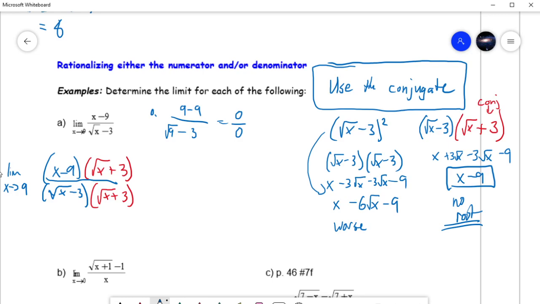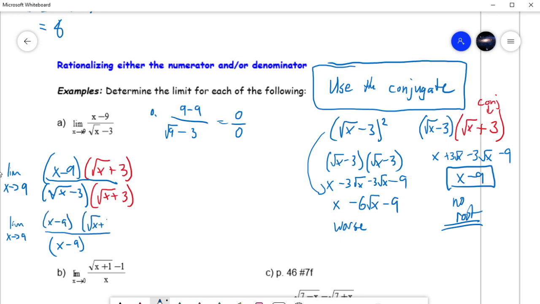Now, what happens here on the bottom? As I showed you on the right side, the bottom becomes x minus 9. That's what happened when we multiplied it by the conjugate. We did FOIL. Root x times root x was x. This was negative 3 root x, positive 3 root x, and then negative 9. Now, how is that useful in our question?